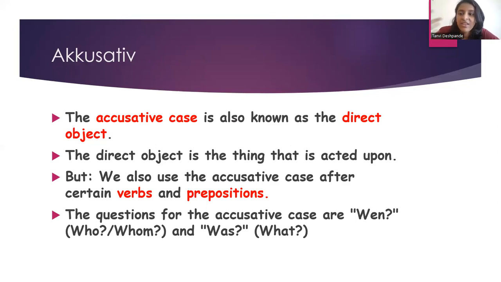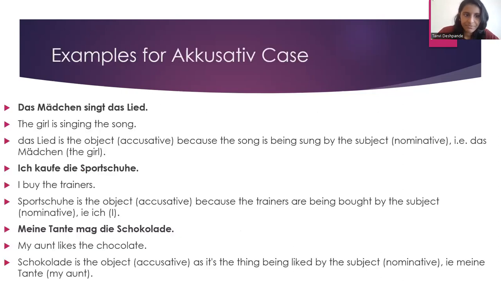We'll see in another video which particular verbs and prepositions are used with the accusative case. So when you ask questions like wen or was, you receive the answer in the accusative case. We'll see some examples so it will be clear.